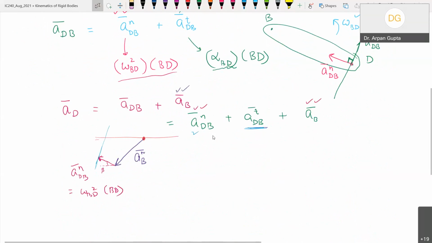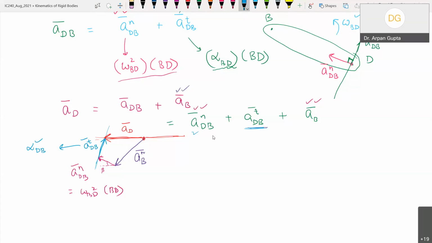If this was my origin or a ground point, acceleration of point D has to be horizontal. Therefore the intersection of this blue line and this orange line gives the intersection point, and this vector is acceleration of point D, and this line is acceleration of D with respect to B, tangential component, and this will give you your alpha.